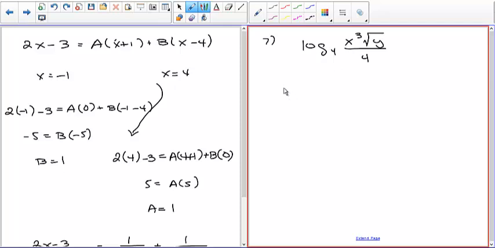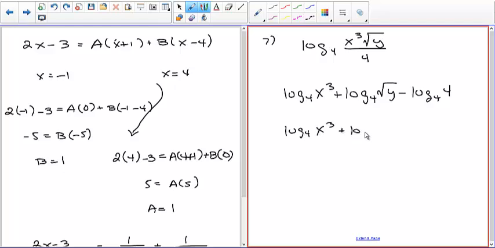So if you have a product and a quotient, you take all the ones that are in the numerator, and those are positive. Make sure the base of the logarithm stays the same. And what's in the denominator is subtracted. Now, I'm not going to pull the exponent out yet.